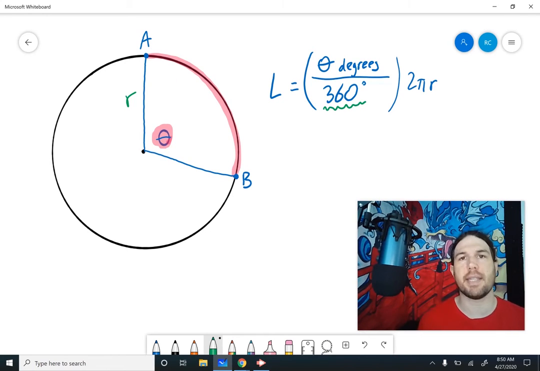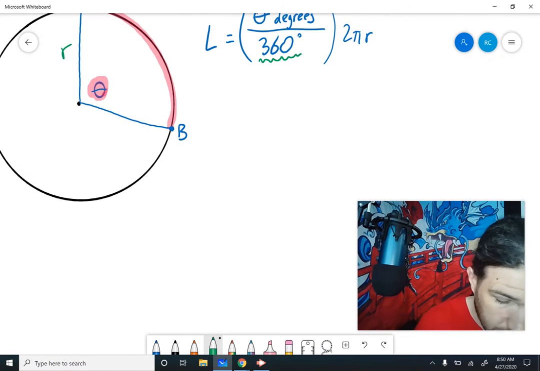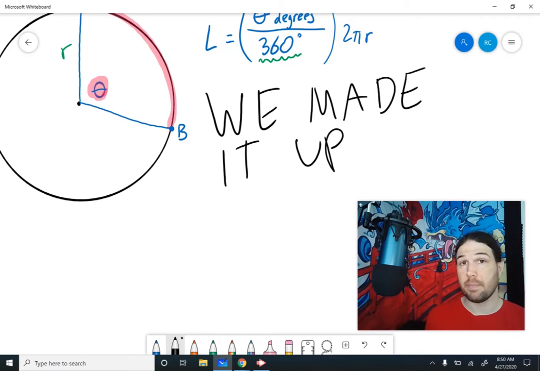It's that 360 degrees. Why are there 360 degrees in a circle? Ask yourself this question. Why is it that a circle has 360 degrees in it? Now, the answer to that is complicated and involves a lot of history, but the short answer is we made it up.